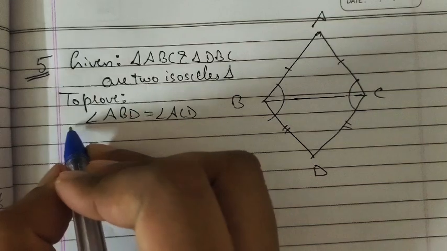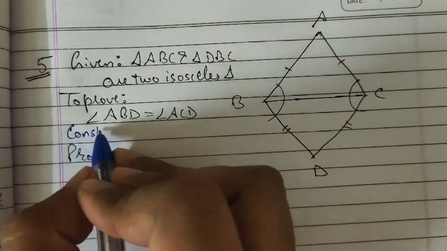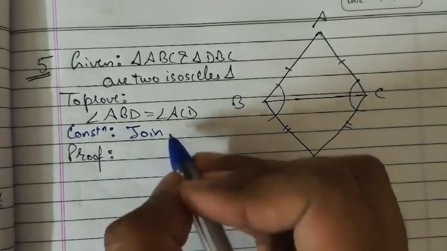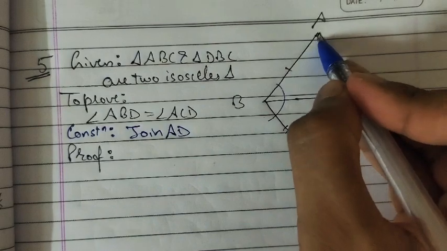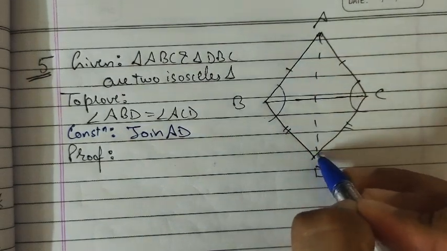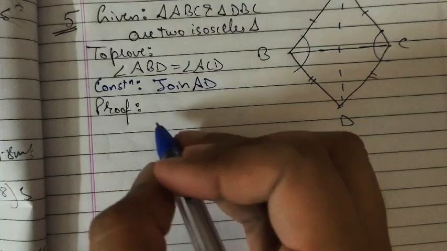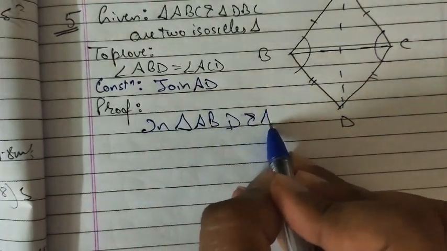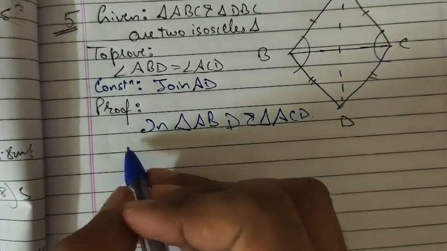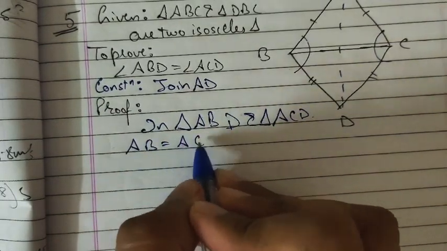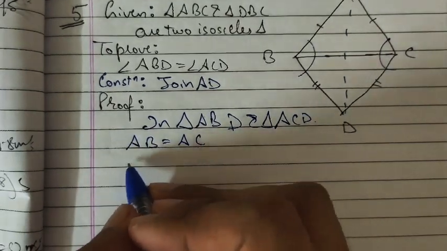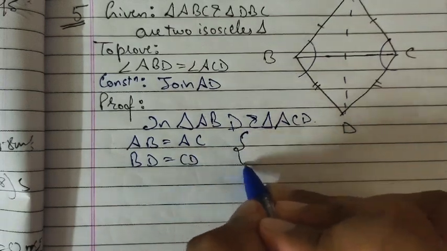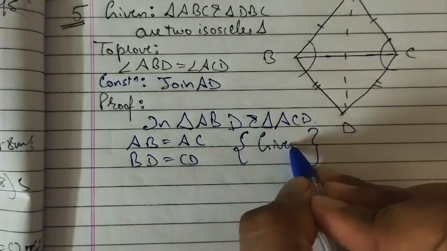So construction, let's do. There may be so many methods to solve this question. Construction: join AD. So in triangle ABD and triangle ACD, we know that AB is equal to AC, and BD is equal to CD, both given.